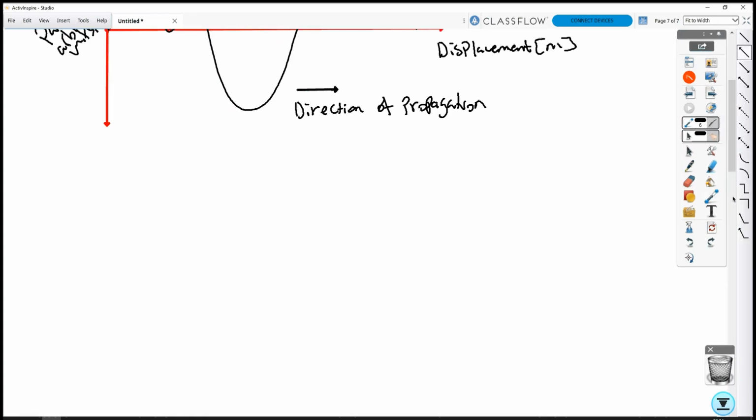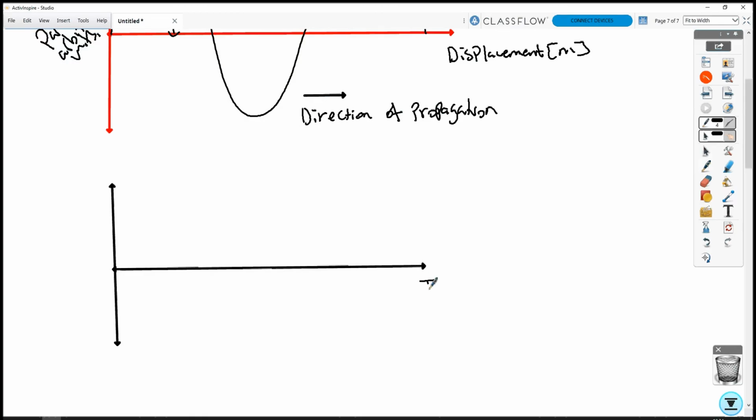Now, we can also draw our transverse waves where the x-axis represents time. And again, here we've got particle oscillations, in arbitrary units.